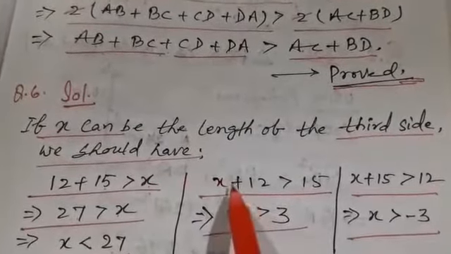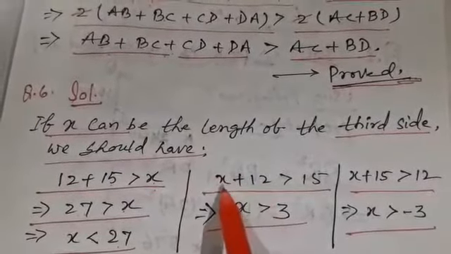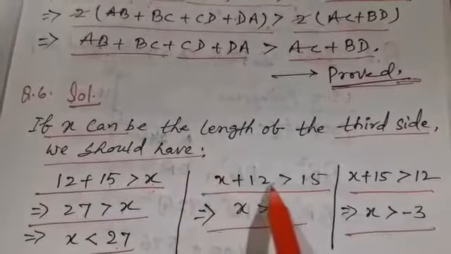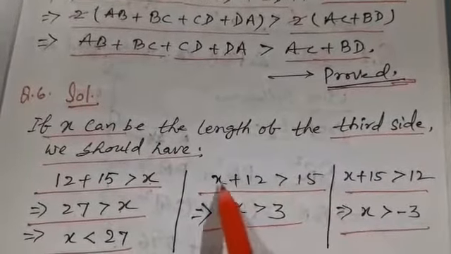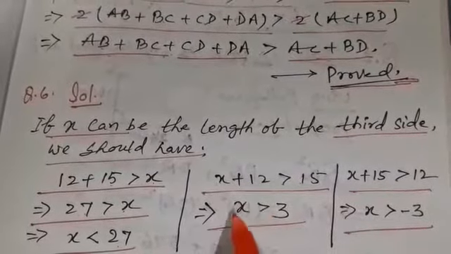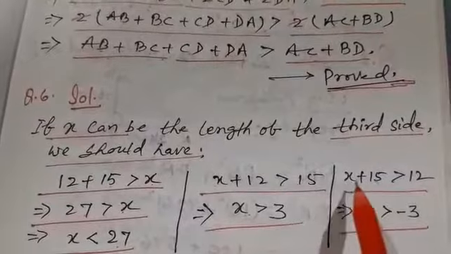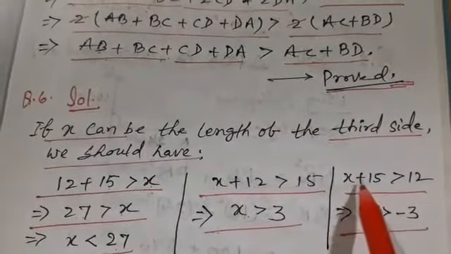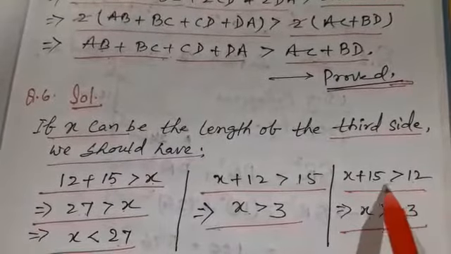Other situation, x plus 12 will be greater than the third side 15, or simply after simplification we find x is greater than 3.